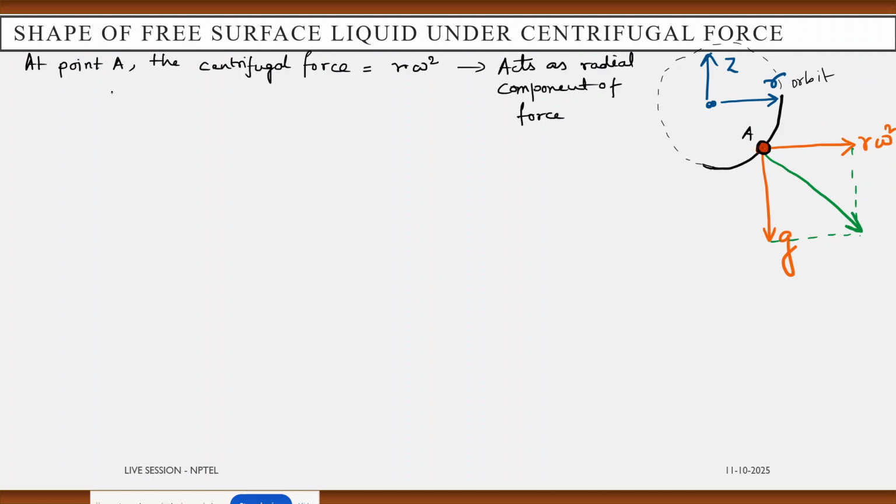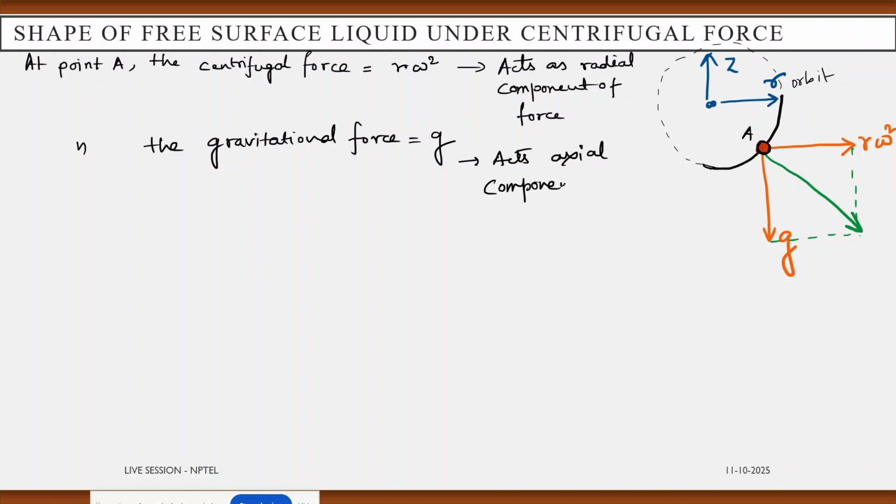Similarly, at point A, the gravitational force is g, which acts in, because the axis is in the z direction, so it acts as an axial component of force.